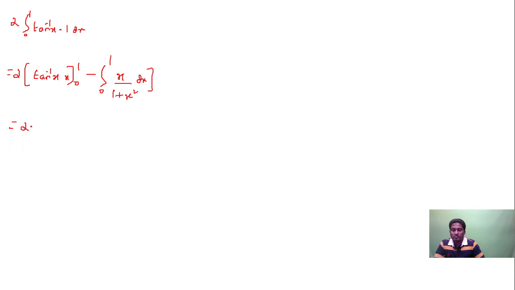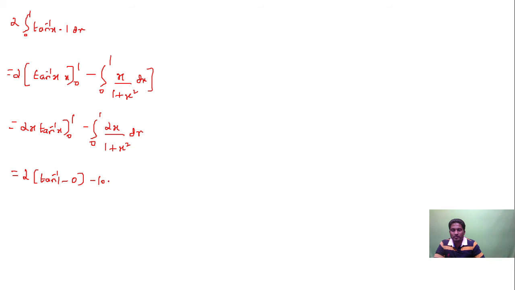So this is 2x into tan inverse of x between the limits 0 to 1, minus 0 to 1, 2x upon 1 plus x square dx. So upper limit will be tan inverse of 1, lower limit is anyway 0.